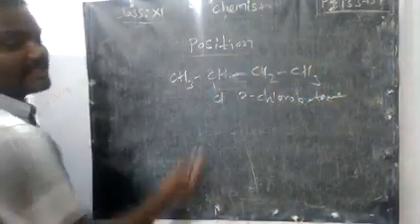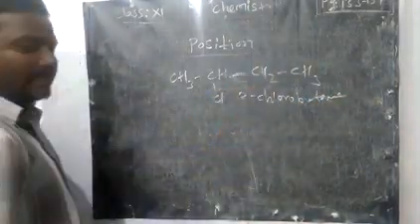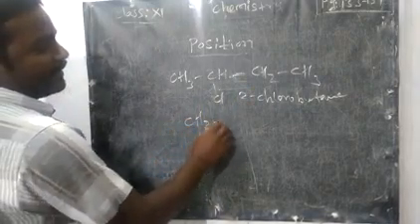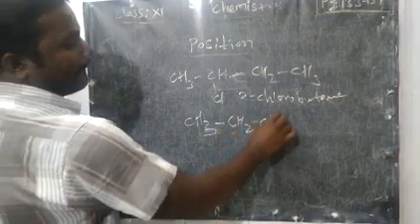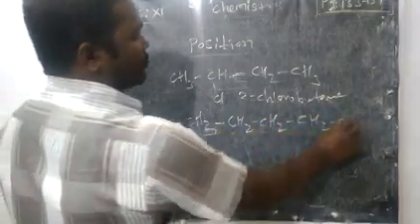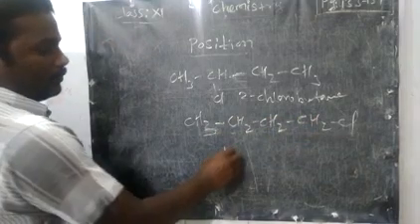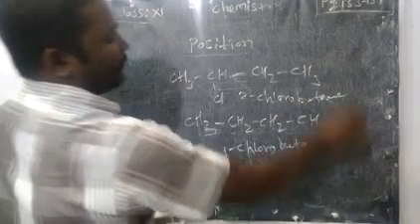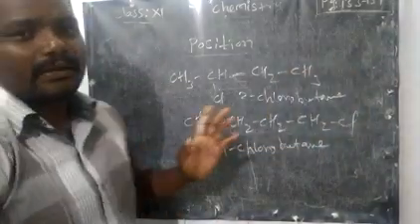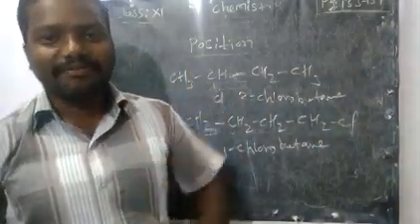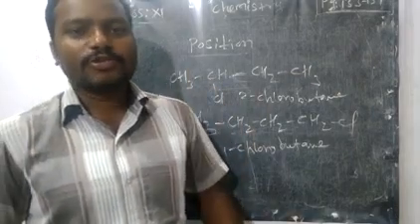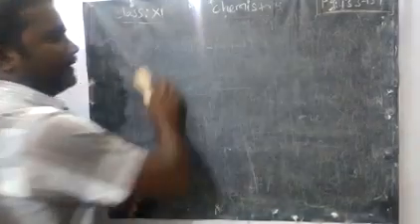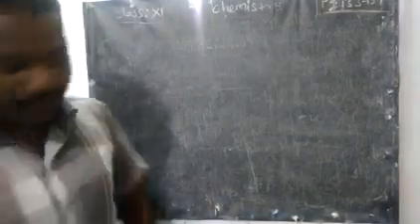Then if you shift this chlorine to the end carbon, you write CH2Cl, 1-chlorobutane. Because of the different position of the functional group, they exist as isomers, which means position isomers.